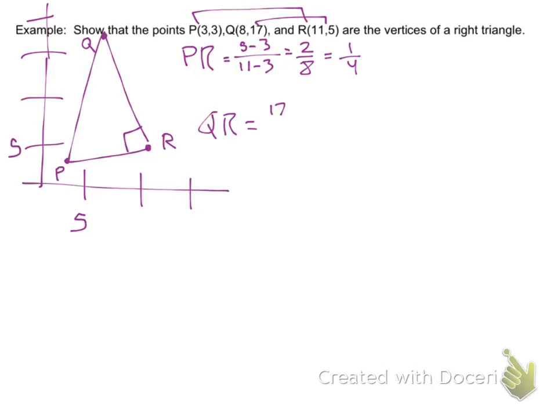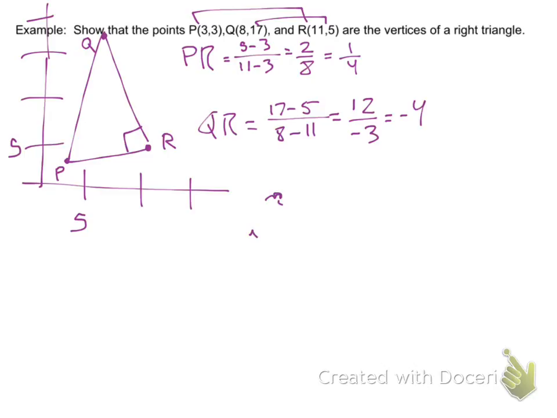I'm going to do 17 minus 5. That's a way bigger number. Okay. And 8 minus 11. 17 minus 5 over -3. Ooh, we know it's going to be negative. And 12 divided by 3? Are they opposite reciprocals of each other?